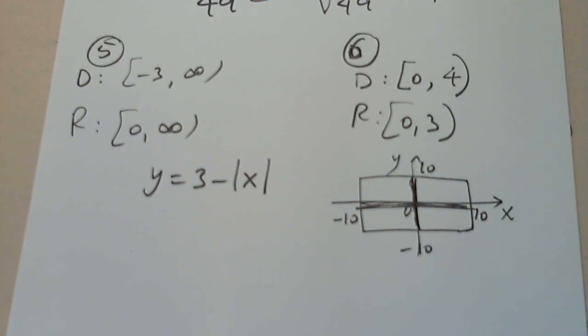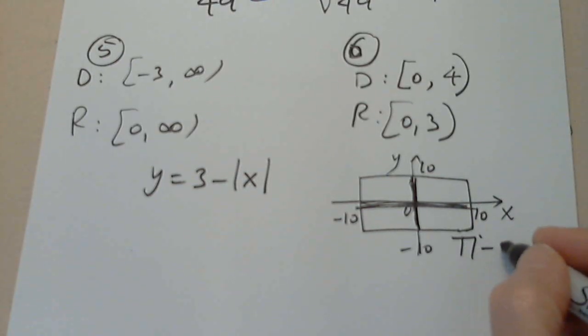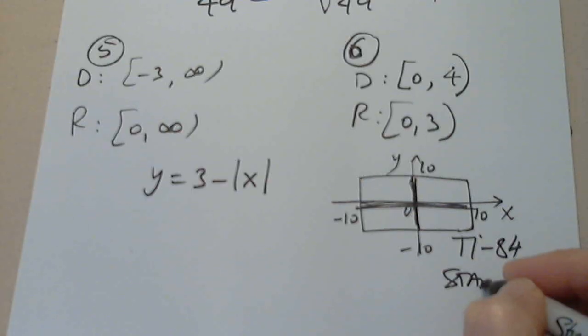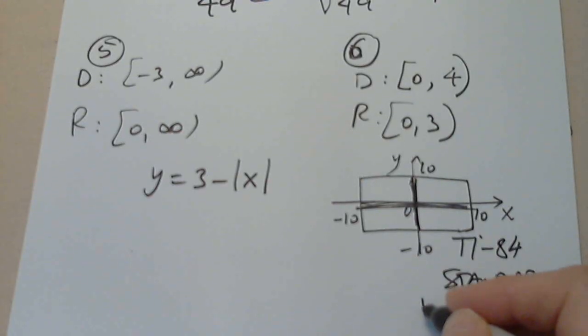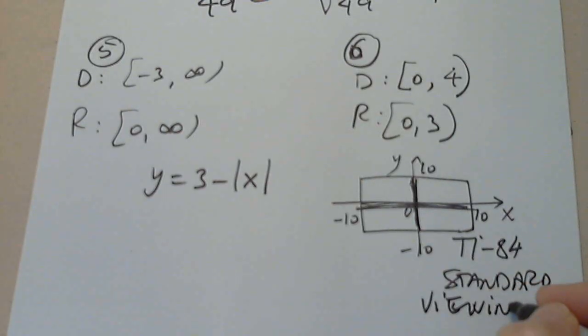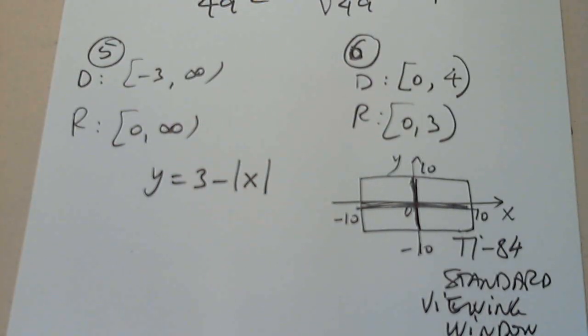That's the standard viewing window in the TI-84. So I go to zoom and I select 6, standard. And here's the graph.